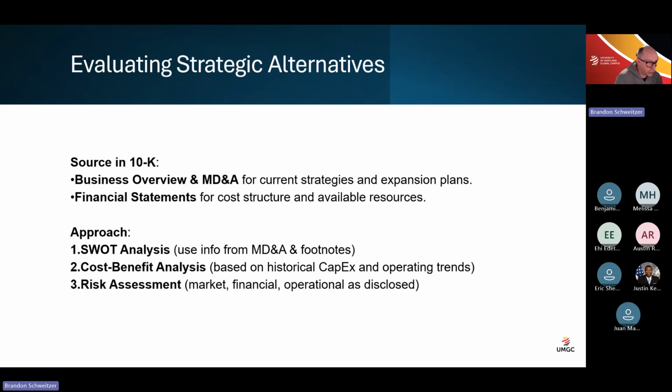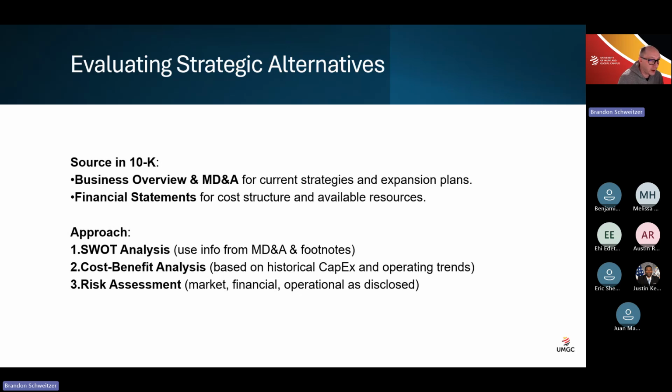The approach that I recommend you take in this is a SWOT analysis. You can get a lot of information from the management discussion and analysis and create your own SWOT analysis for the company. Or if you can find the SWOT analysis for the company, that's even better. But oftentimes it's not publicly available, so you can create your own SWOT analysis for the company.